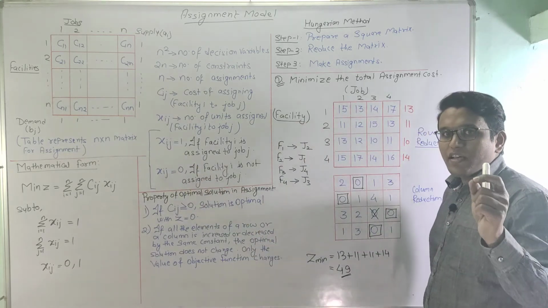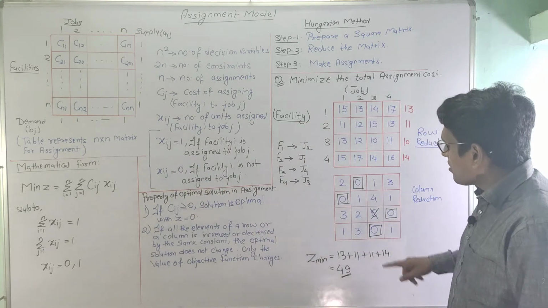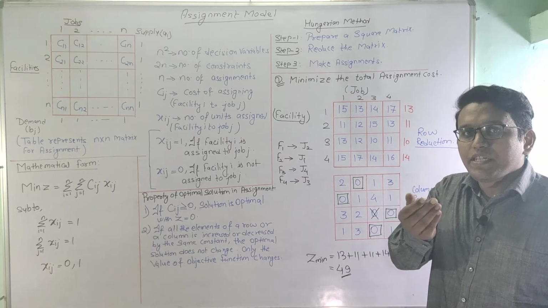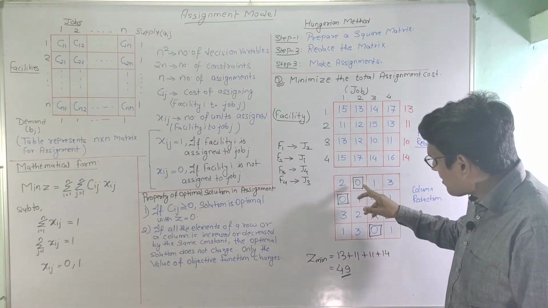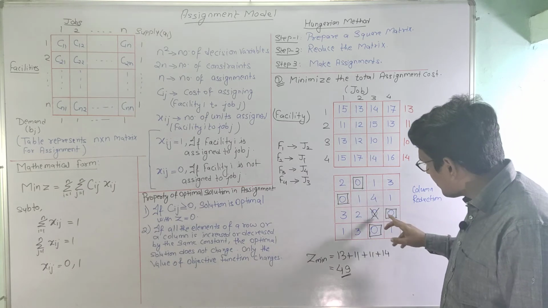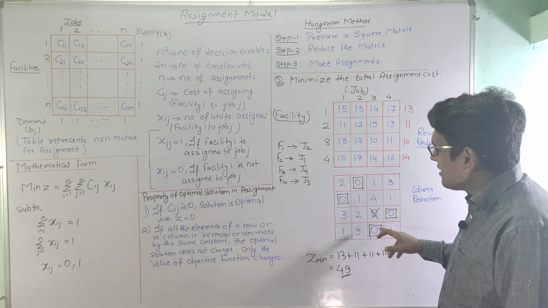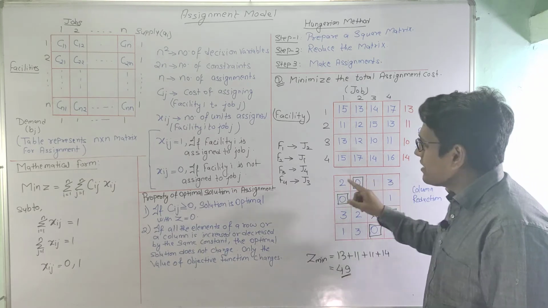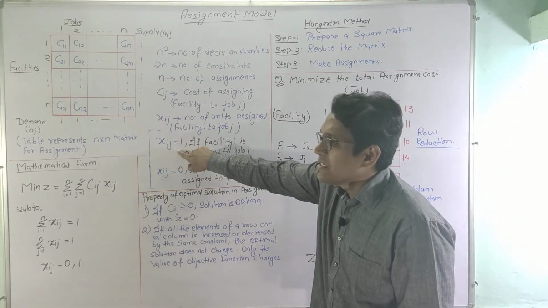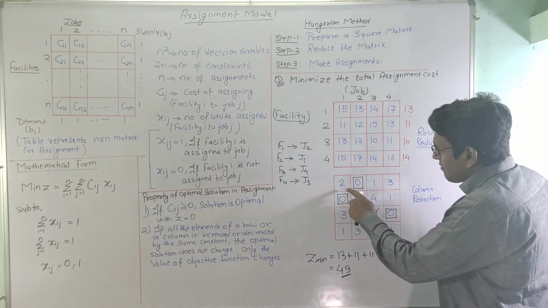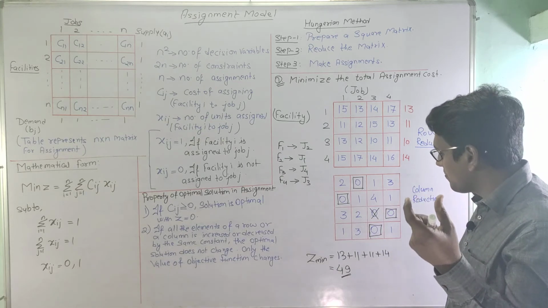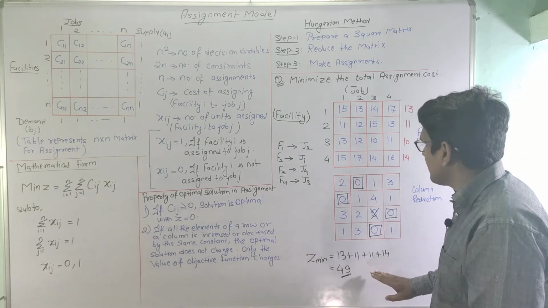Both these things are different, because we are assigning when the cost coefficient becomes 0, and after assigning this, the quantity we assign is equal to 1, which is xij equal to 1, and the remaining values in this column are xij equal to 0. So we need to understand the difference.